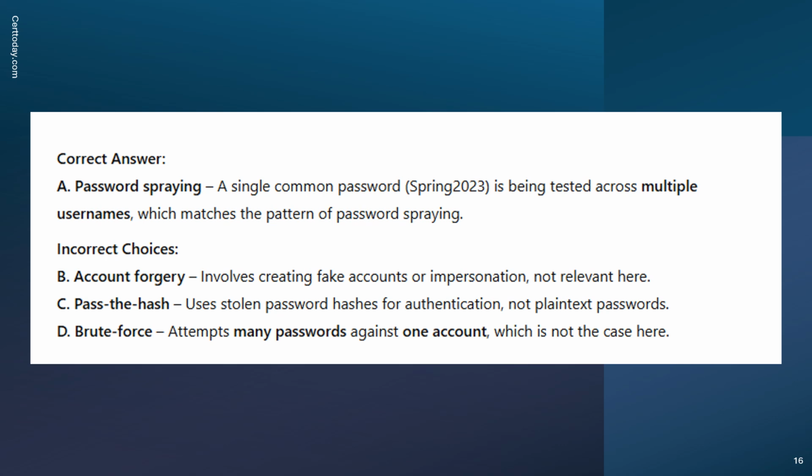C is incorrect because pass the hash uses stolen password hashes for authentication, not plain text passwords. And D is incorrect because brute force attempts many passwords against one account, which is not the case here. As a matter of fact, this is the opposite. So brute force is the opposite of password spraying.